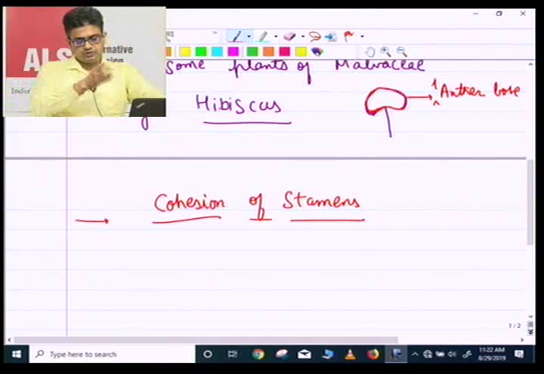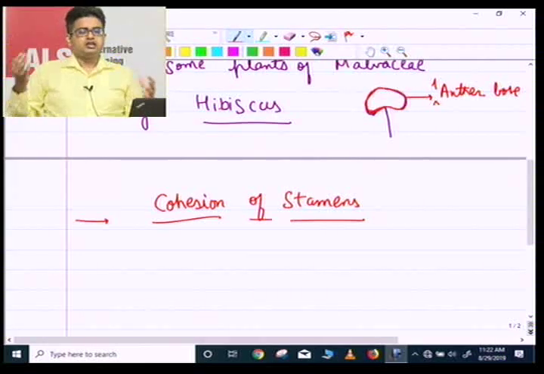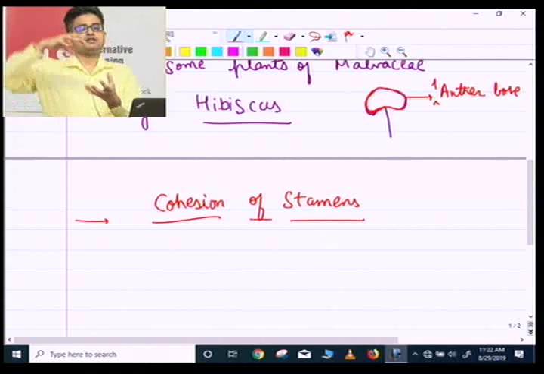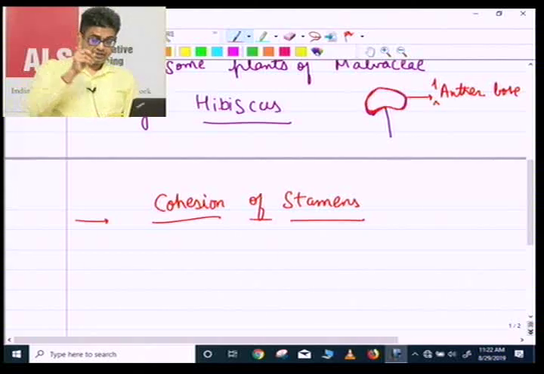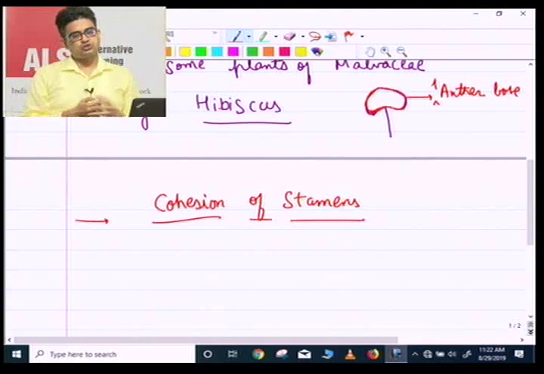So now we are talking about cohesion of stamens. Stamens can be grouped together or separately. When all the stamens form a single bundle, this is called monoadelphy or monoadelphous condition. This is cohesion of stamens.